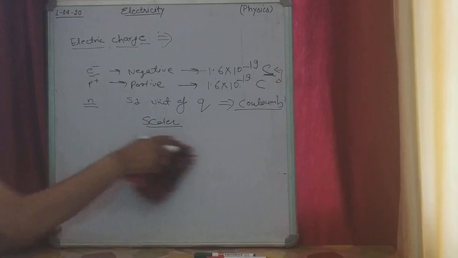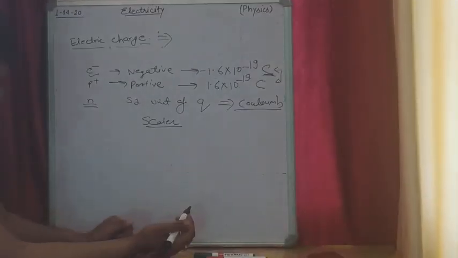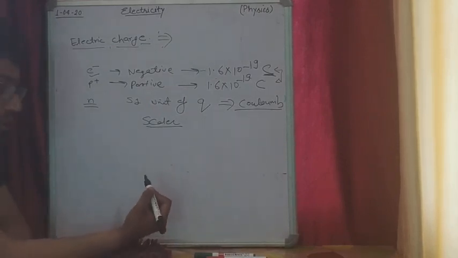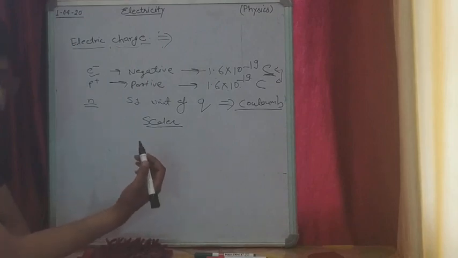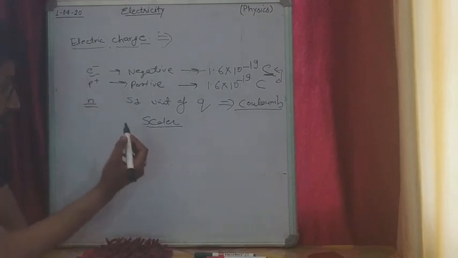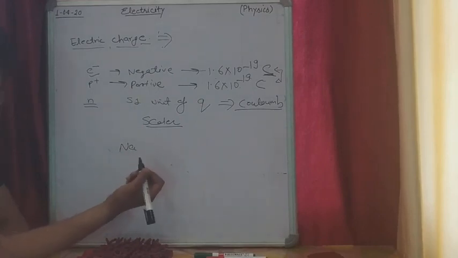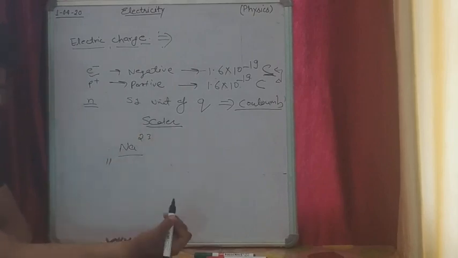See this. In ninth class, you have studied about Bohr's model in chemistry also. You are well aware of this thing, that if we have any metal or any element, suppose, let me give an example to you. Sodium. We have sodium. Its atomic number is 11 and its mass number is 23.